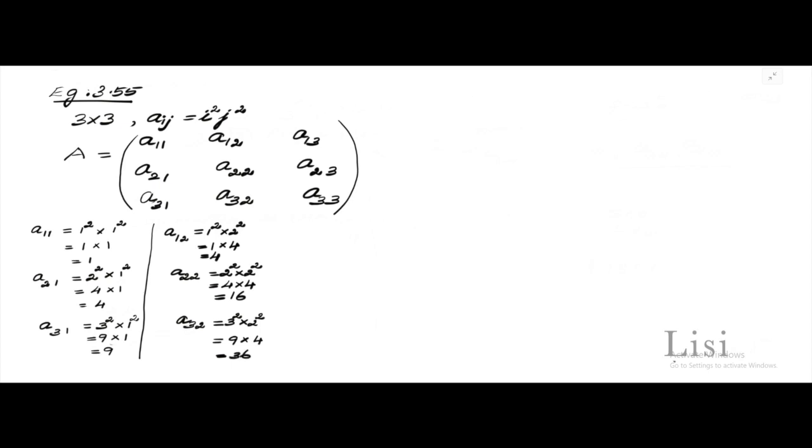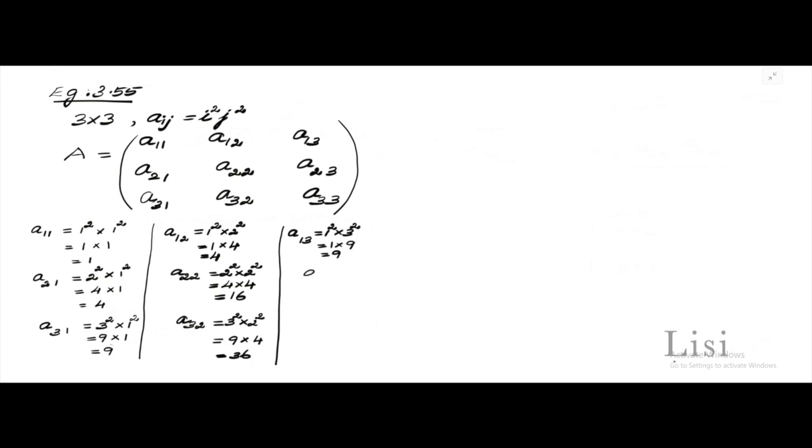Right? Next, A13 is equal to i square, that is 1 square into j is 3, so 3 square, which is equal to 1 into 9, which is equal to 9.